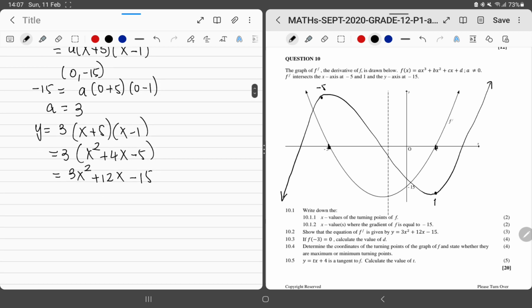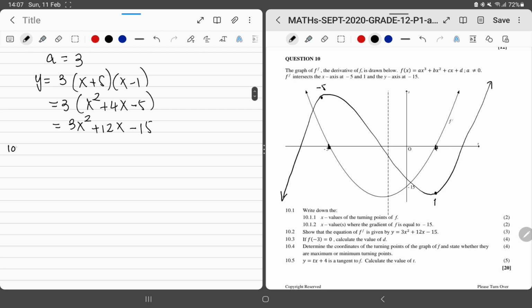Okay, moving on. 10.3. If f of -3 is equal to 0, calculate the value of d. I have f of x, which is equal to ax cubed plus bx squared plus cx plus d. And then now I'm going to find the derivative.